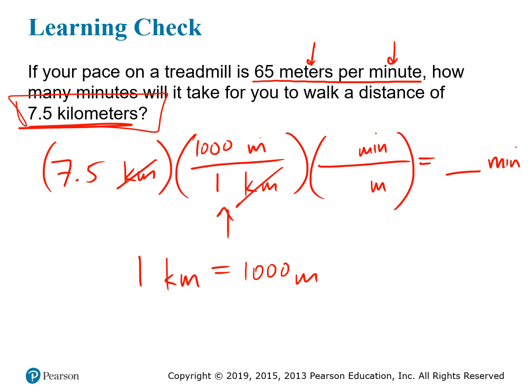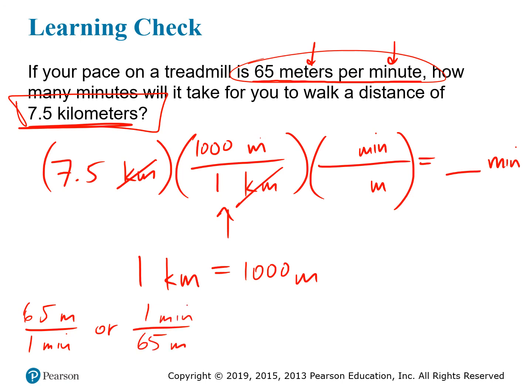Then we can use the speed, which is 65 meters per minute, to do the next conversion step. Remember that 65 meters per minute is really 65 meters per 1 minute, which could just be flipped into 1 minute per 65 meters.